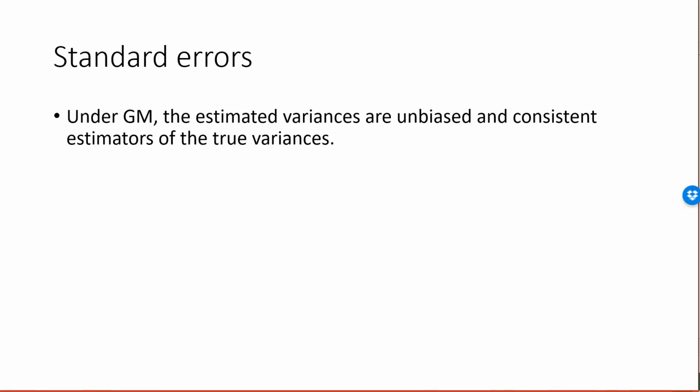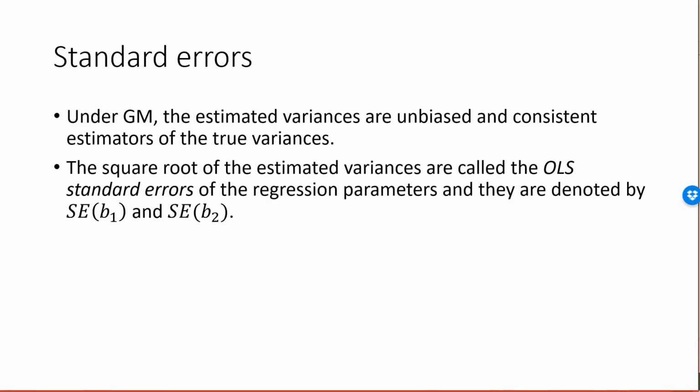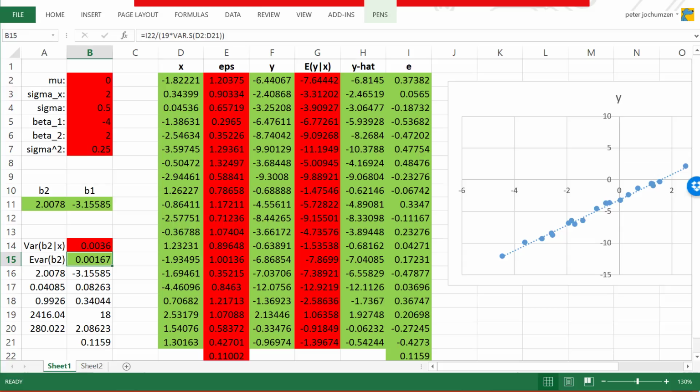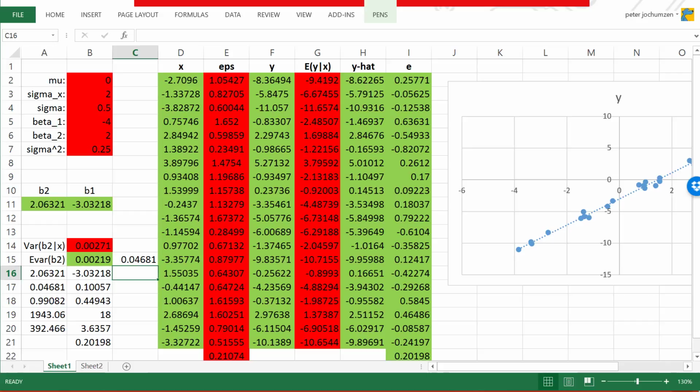The square roots of the variances are called the standard errors. And the standard errors are among the most important numbers in regression analysis. So if I go back here and take the square root of my estimated variance of B2, SQRT of this, then I get the standard error of B2.